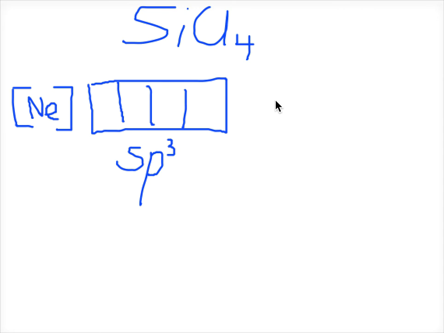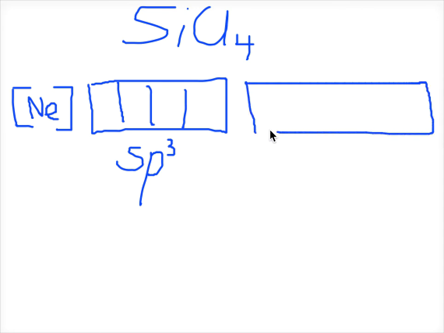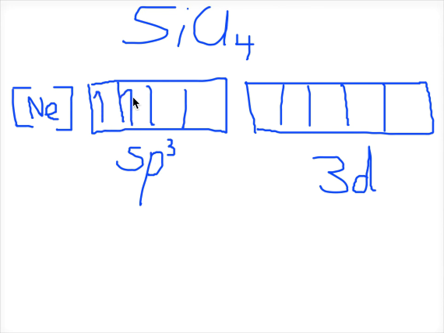But in this process, the 3d orbitals were never used. But they're in the same principal quantum shell, isn't it? So the sp3 does this, and after it forms the single bonds with the chlorine, it forms this.